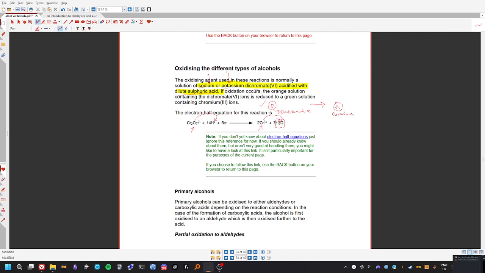So that's going to be your half equation for this reaction. It's going to be your Cr2O7 2-. You're supposed to know that. Your 14 H+, you're gonna have 14 atoms of H+. You're gonna have a total of 6 electrons, and by the end, after balancing everything, you're gonna have 2 Cr3+ and 7 molecules of water.